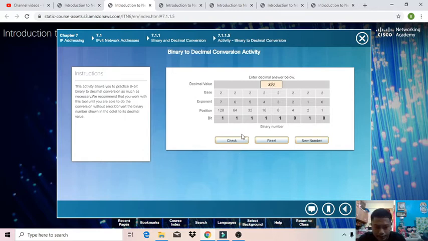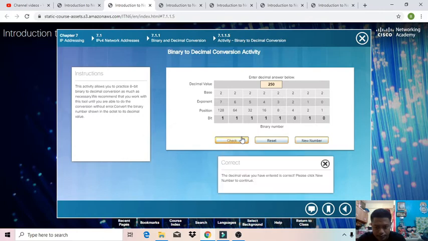Check. So it's correct. If you see a bit with number 1, the value is multiplied by itself. So compute this number by addition. So let's proceed to the next activity.